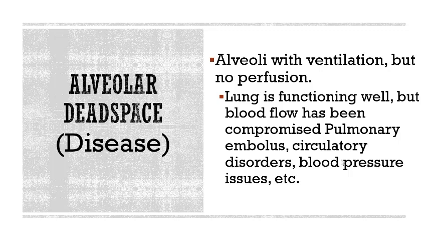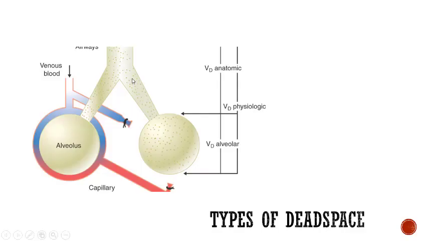You don't want anything to interrupt or compromise this process. So alveolar dead space would be if you had some sort of compromise to the perfusion in your alveoli so that you would have ventilation without perfusion. This kind of shows you what I'm talking about here. So here you have an alveoli and you have all these capillary beds around it, right?